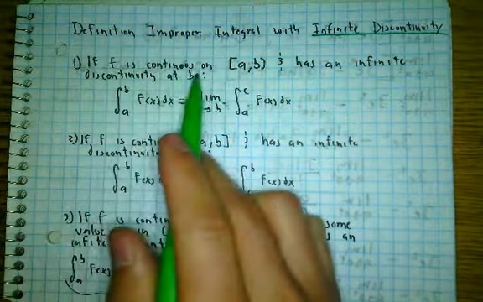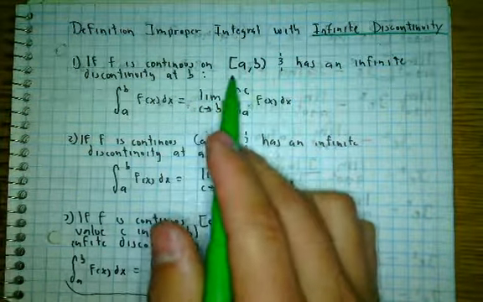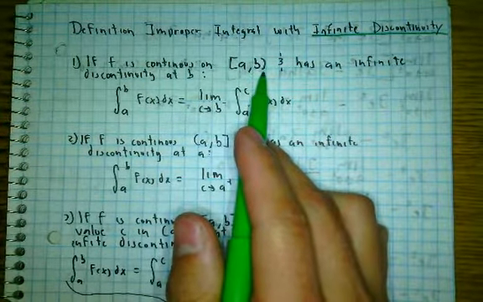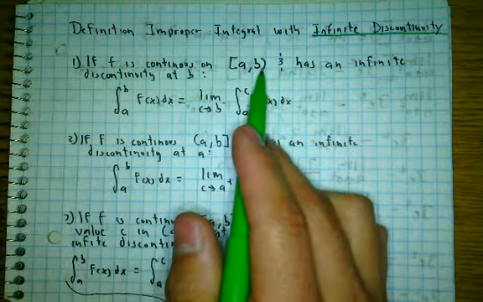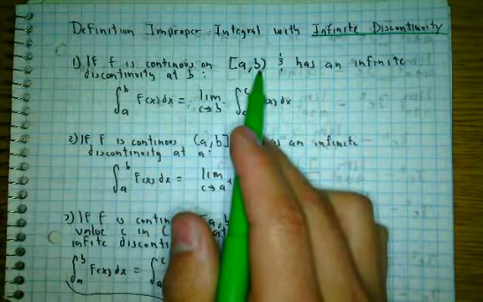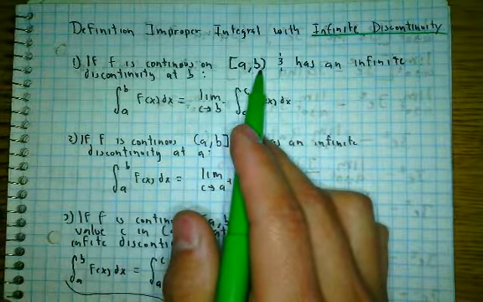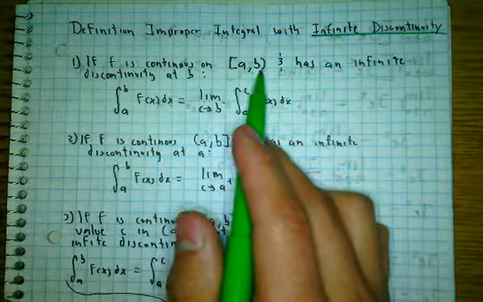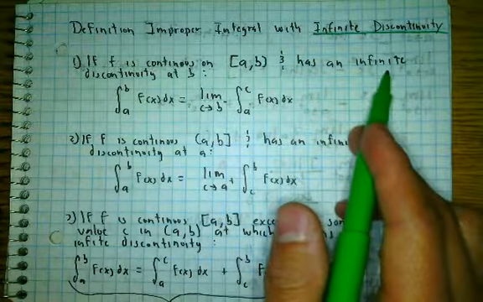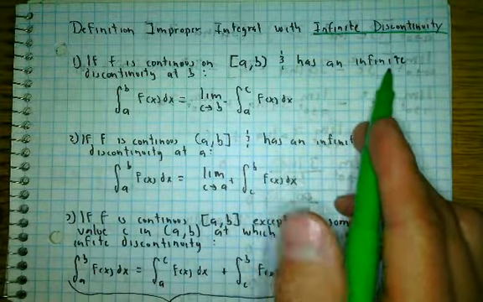If the function is continuous from a to b, and notice the way I wrote a to b, b is not included, which means that this right here is where the asymptote is located. You with me? So you can take a limit as something approaches. Correct.